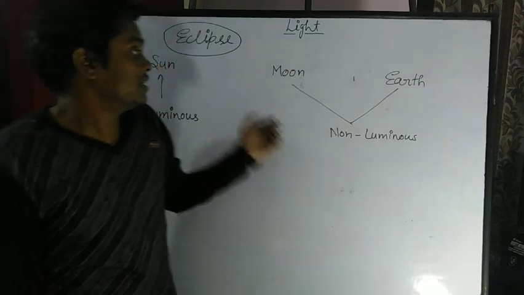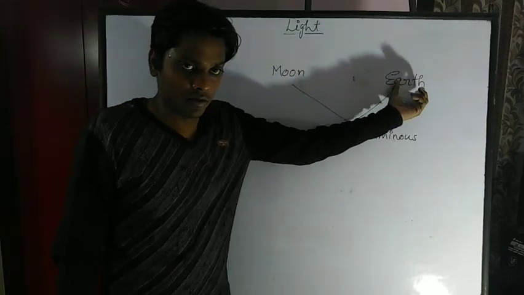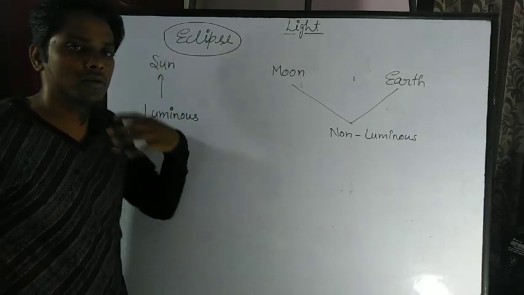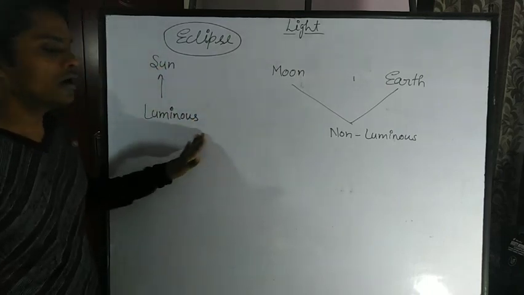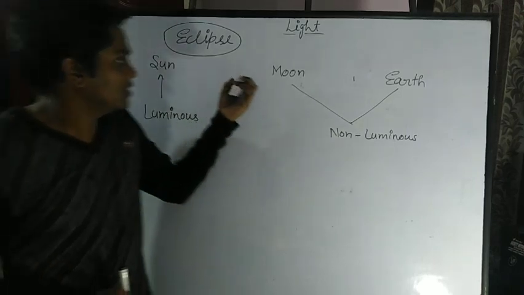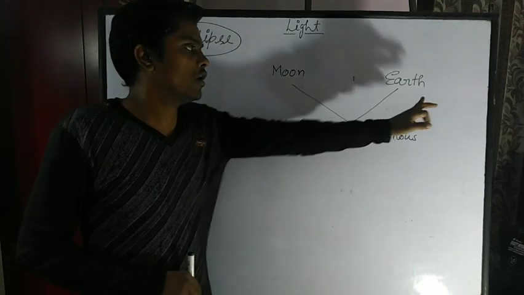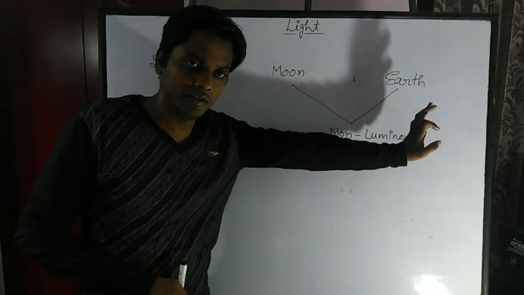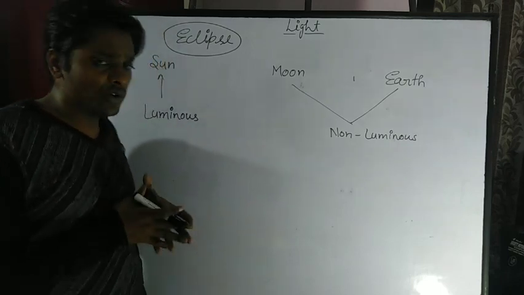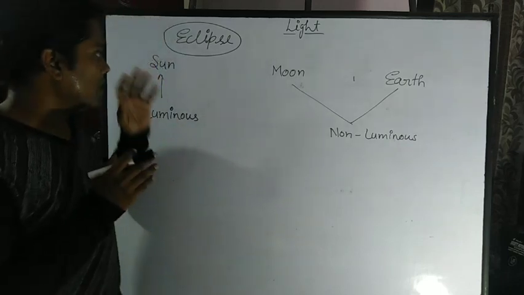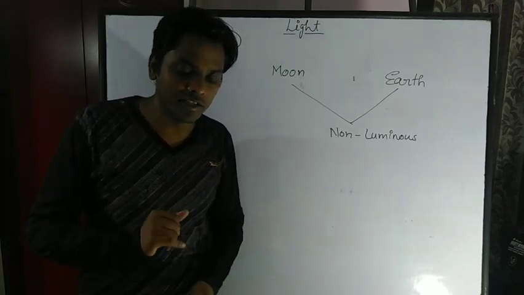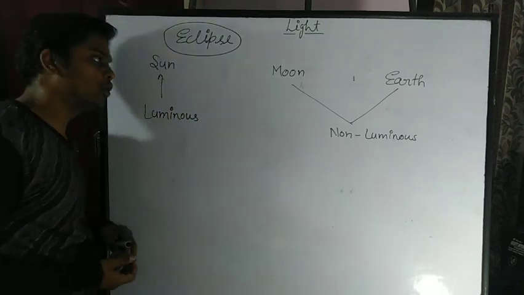We see the shadow of the moon or the shadow of the earth, because a light source will never produce its own shadow. So according to this theory, we have two eclipses: one is solar eclipse and one is lunar eclipse.